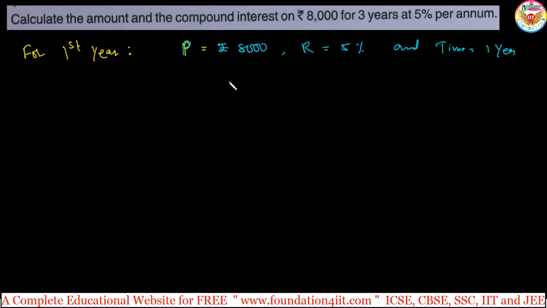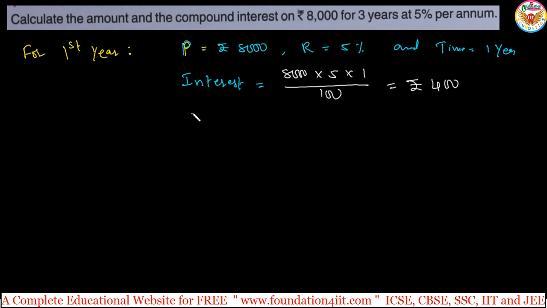Total is 3 years, but for the first year it's 1 year. Every year we take 1. In this case, we calculate the interest first. Interest is equal to P into R into T by 100, the formula. That is 8,000 into 5 into 1 by 100. If you calculate, you get 400. So this is the interest at the end of the first year.